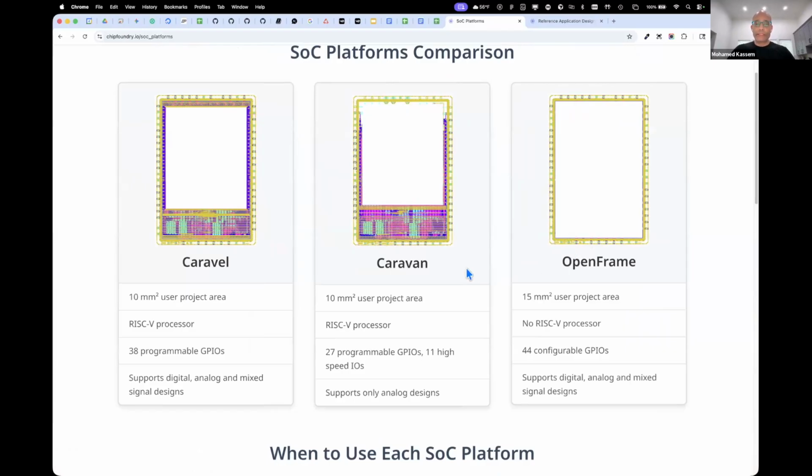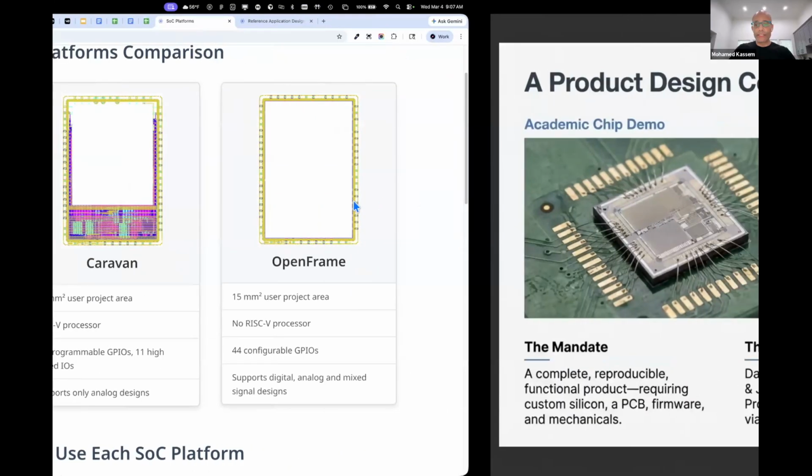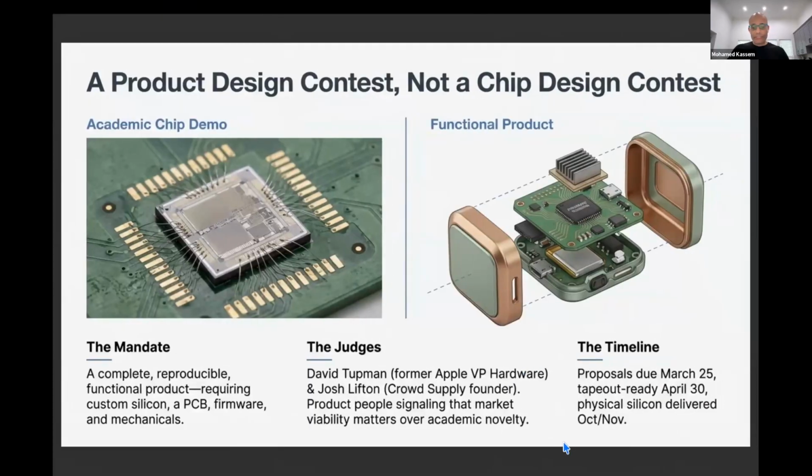Now, the purpose of the challenge is something I'm going to start on, so I'm going to switch to the challenge. This is a product design contest versus a chip design only contest. The reason we're doing this is very simple. There are a lot of designs in the open source space that are at the chip level, and they stop there.